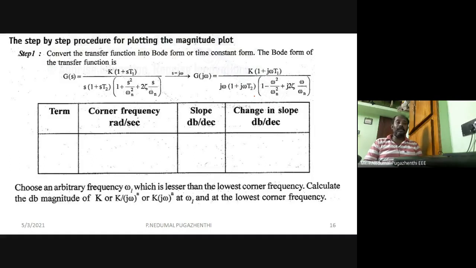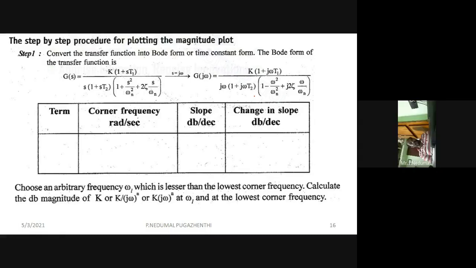So these are the factors available in a transfer function, and according to the availability of the factors, you are supposed to utilize these magnitude and phase equations and try to draw the Bode plot, right?